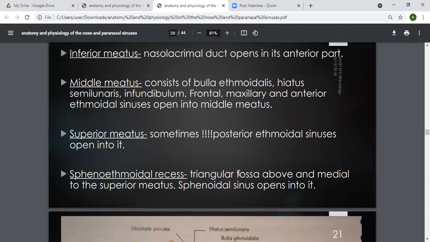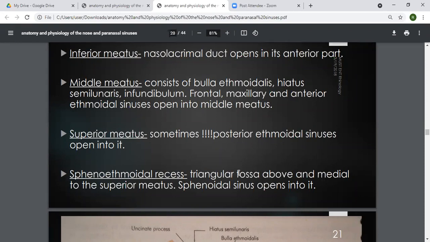So for the inferior meatus, which is corresponding to the inferior turbinate, the opening we have there is the nasolacrimal duct. As we know very well, it's coming from the eye, which brings in tears. That's why when someone is crying, you also end up having a running nose, because the tears go into the nose.